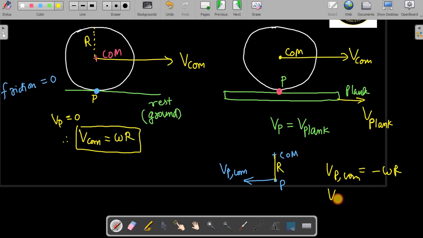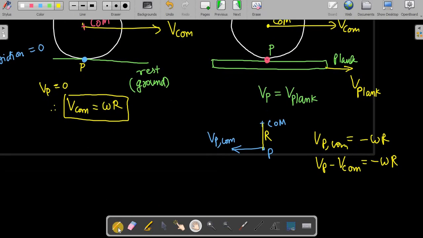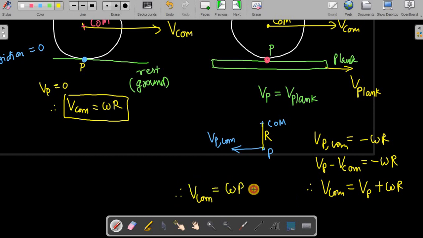This is velocity of P minus velocity of center of mass, equal to minus omega r. And now the velocity of point P must be the same as the velocity of the plank. So from here you can see the velocity of center of mass will be the velocity of point P plus omega r. So you can conclude that the velocity of center of mass will be omega r plus the velocity of the plank.